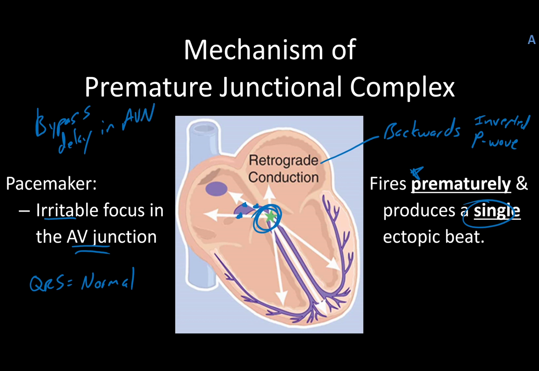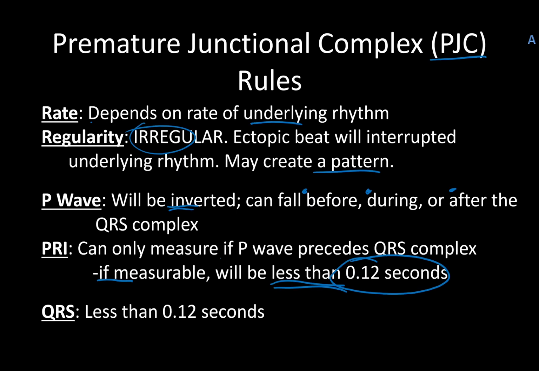And that's what causes that PRI to be short. And of course, your QRS will be less than 0.12 seconds.